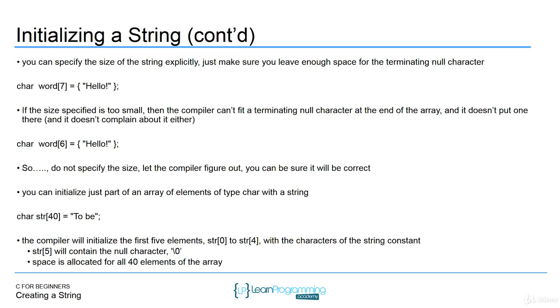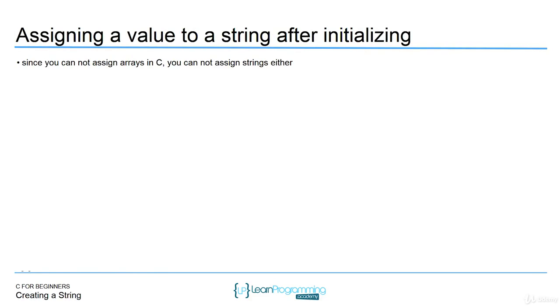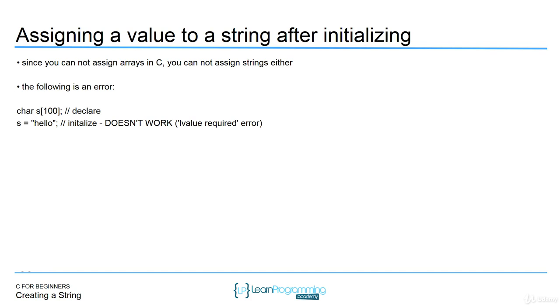Now, if you didn't initialize and you just created the character array with a size, how do you put data in it? Well, because it's an array, you can't just assign data. We know that if we had an integer array, we can't just assign an integer array the number 5. It doesn't make sense. You have to specify the actual elements. You have to specify the indices. So you can't declare a character array with 100 characters and then say s equals hello.